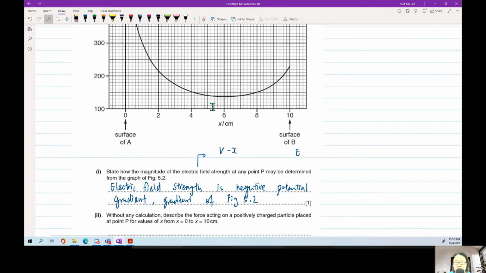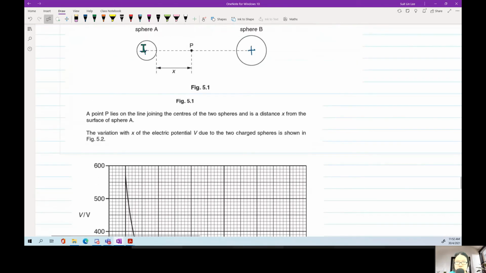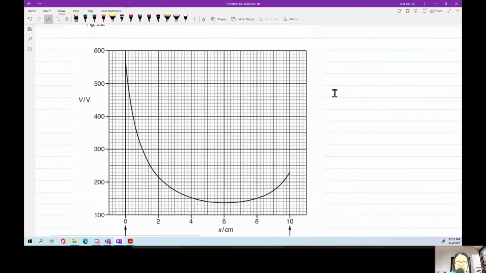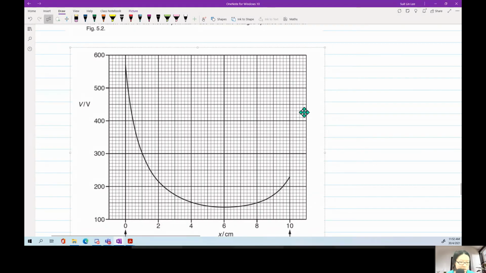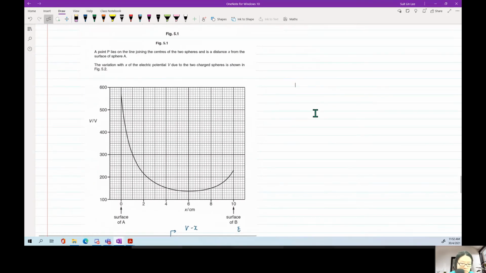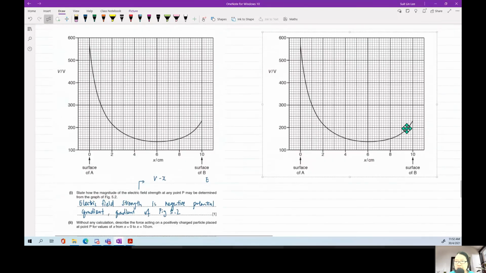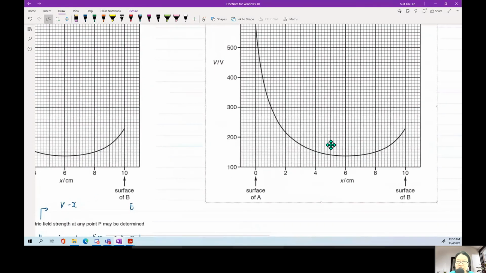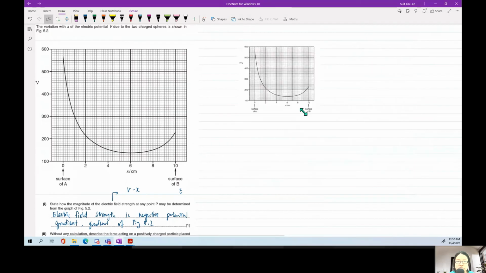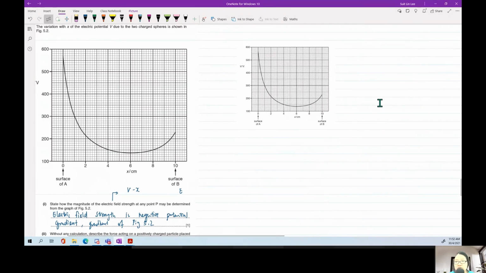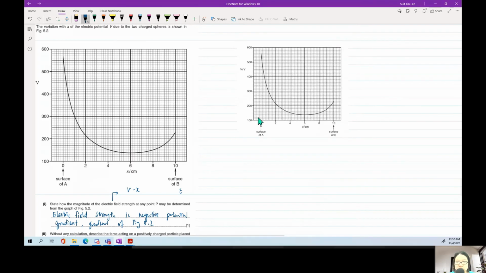Interesting. You can see that these two are positive. So you will expect your E graph, okay, I'm going to steal this and park it at the side here. Let's say I shrink this a bit so I can sketch. Your E graph will have the shape, you see here, this part is 0 gradient.